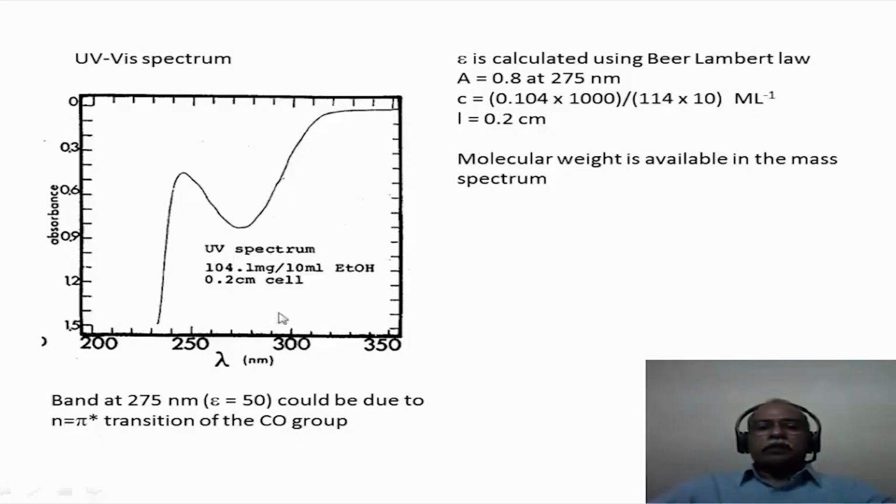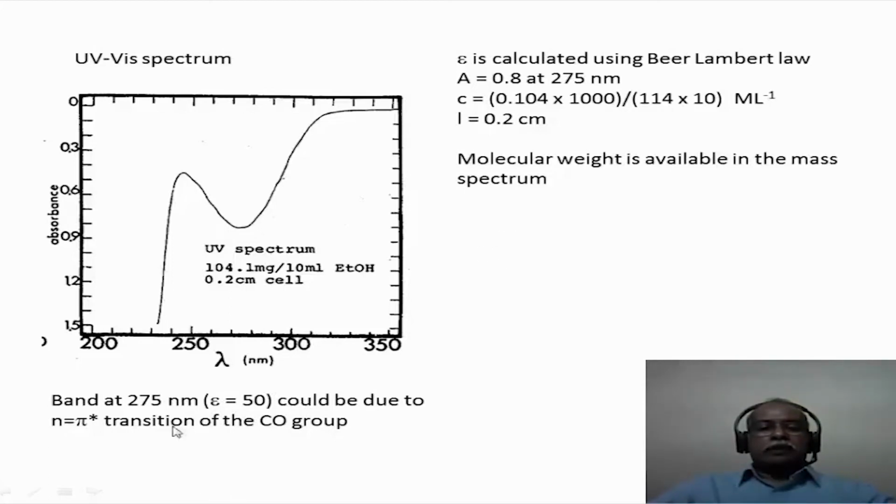The path length is shown as 0.2 centimeter. The absorbance is taken as 0.8 corresponding to 275 nanometer. So using the Beer-Lambert law, one can easily calculate the epsilon value, which turns out to be approximately 49 point something. So I rounded it up to 50, as the epsilon in mole inverse liter centimeter inverse is the unit that one can use for the epsilon value.